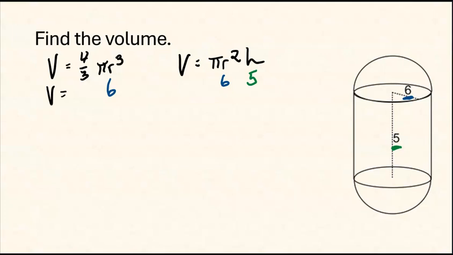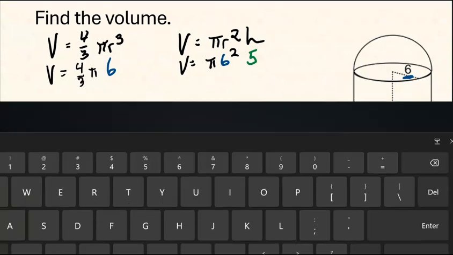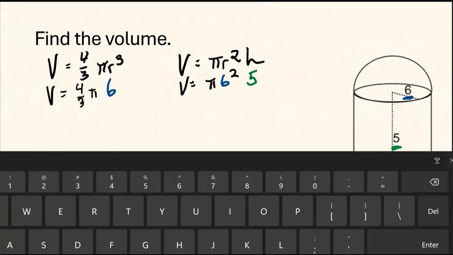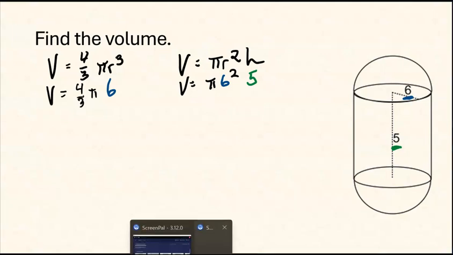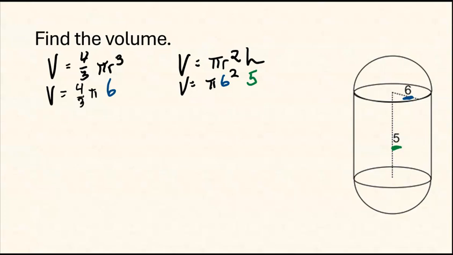So I have V equals 4/3 pi, then V equals pi 6 squared times h. And be careful, because if you didn't notice, I accidentally left off the cube in the 6 cubed.